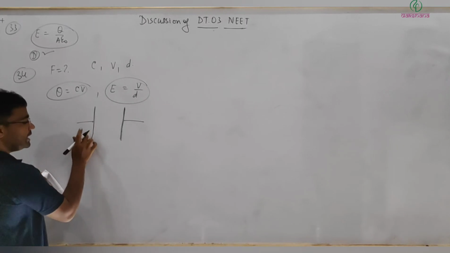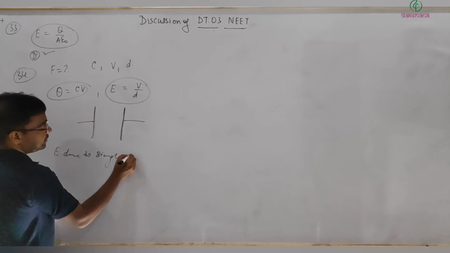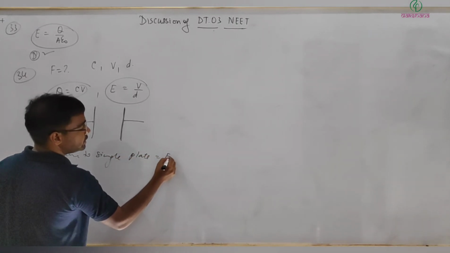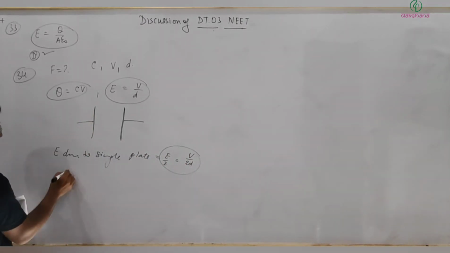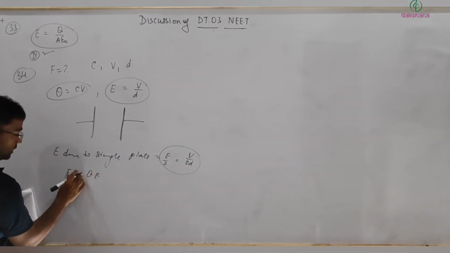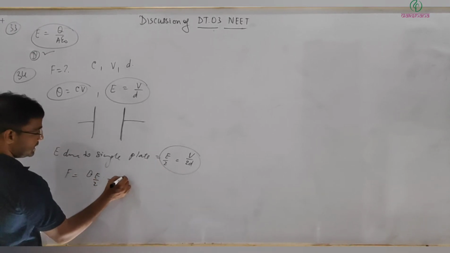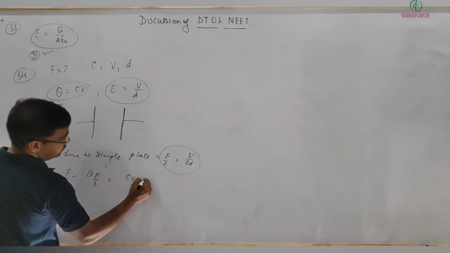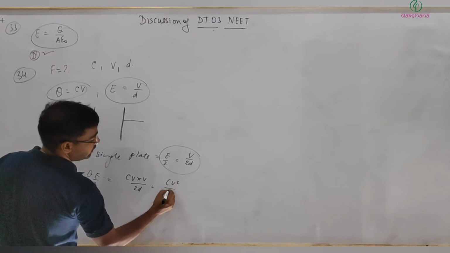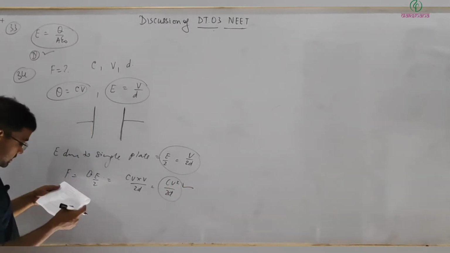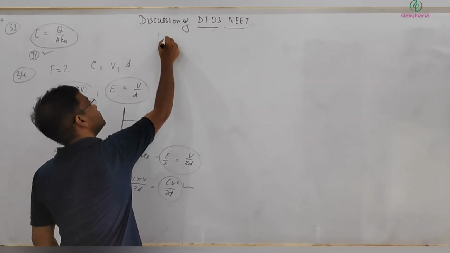So the field due to a single plate will be E by 2, and that is V by 2D. And force is equal to Q into E by 2, that is CV into V by 2D, which is CV square by 2D. This is the answer, and it matches with option A.